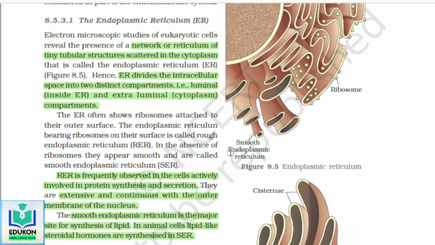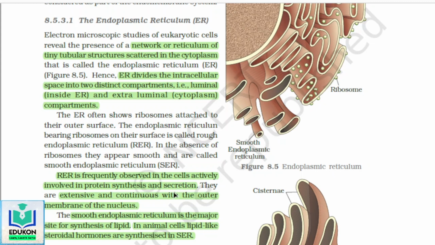So here we have certain points to remember. They are in the form of a network or reticulum of tiny tubular structures. The smooth endoplasmic reticulum is the same, but does not have any ribosomes on its surface. The rough endoplasmic reticulum is involved in protein synthesis and also secretion.